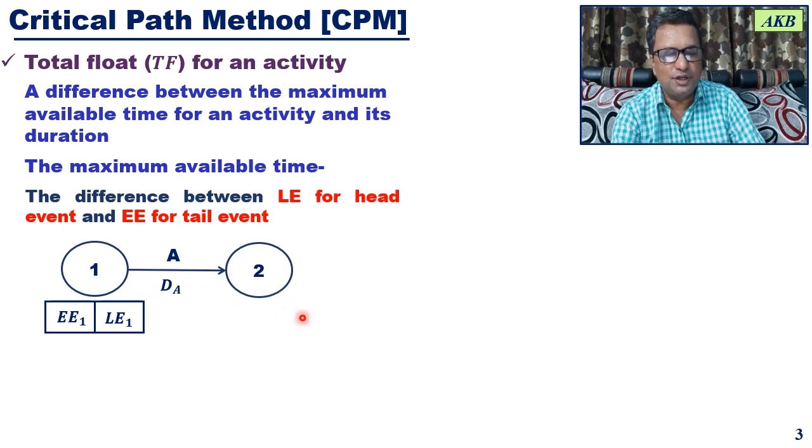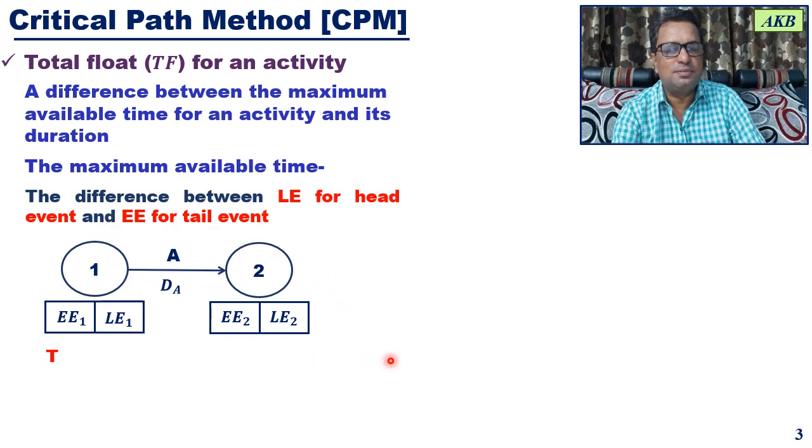Again for event 2, you have earliest event time, that is EE2, and latest event time, that is LE2. So for this simple example, event 1 is the tail event for activity A, and event 2 is the head event for activity A.